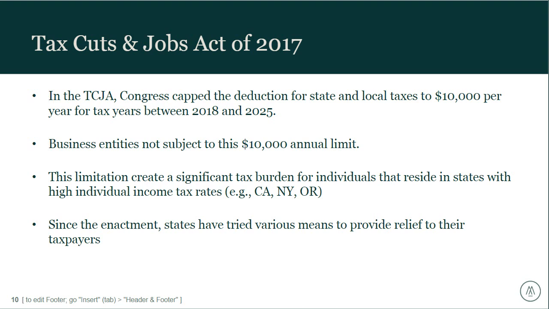There is a significant tax burden on individuals that reside in states that have these significant tax rates, be they income tax, sales tax, or property tax, or all three. So states have been continually asking, what can we do to provide some relief to our residents?